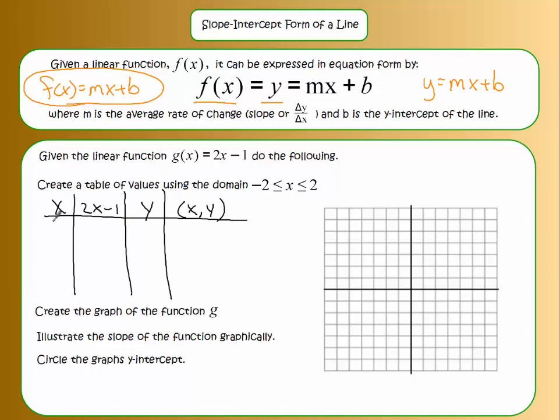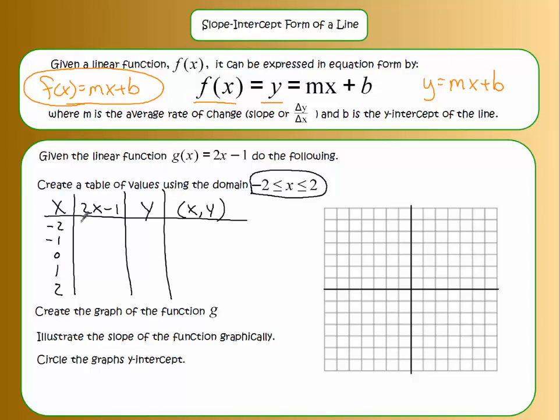And then this is the domain. Remember, the domain is the set of all x's. So what does this mean? This means negative 2 is less than or equal to x. So that's the first point I want to try. And the last point, x is less than or equal to 2. So that's going to be the last point I try. And let me just try all the whole numbers in between. I could try negative 1/2 if I wanted, but that's just going to make things difficult.